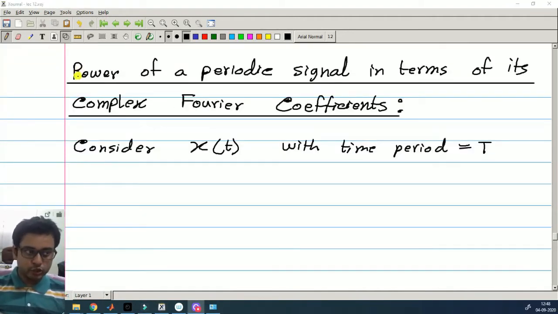We are going to derive an expression for the power of a periodic signal in terms of its complex Fourier coefficients.